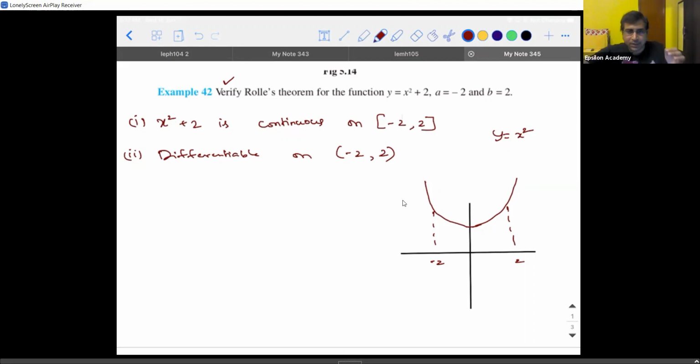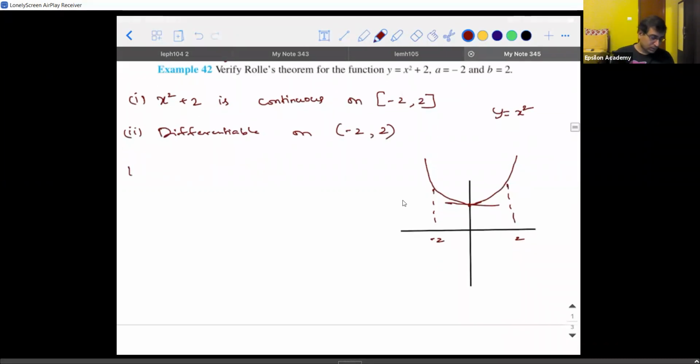It has a minimum point at which, if you try to draw a tangent, the tangent should be parallel to the x-axis. So what we are supposed to do is prove that there is a number existing only between minus 2 and 2 where f dash of c is 0. Let c be a number between minus 2 to 2 such that f dash of x is equal to 0.